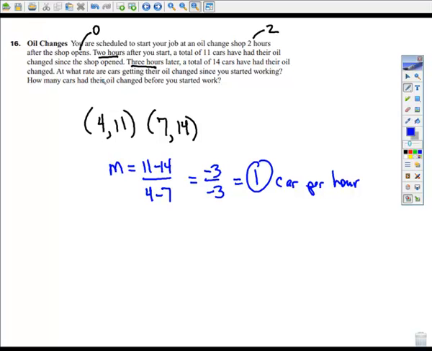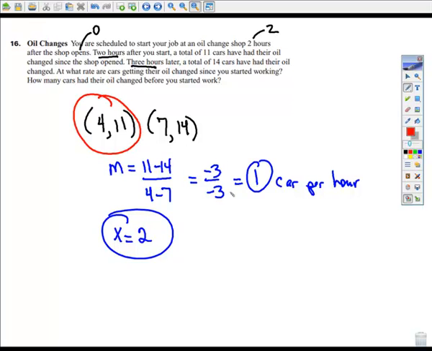How many cars had their oil changed before you started work? So that would be 2 whole hours before you even got there. So we're looking to see, well, what is it if x equals 2? Well, first of all, I guess we need to write the equation because I don't know what the y-intercept is.